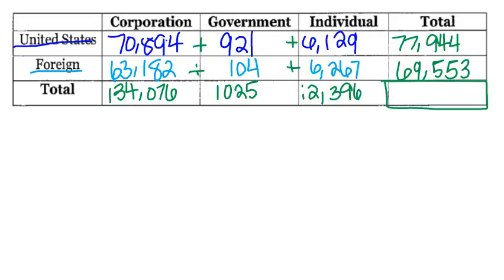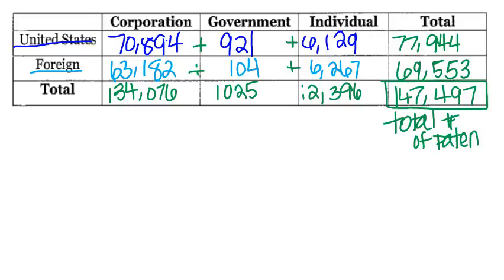It won't matter if I add the rows or the columns; either way, I'm going to get 147,497. That's all the U.S. patents plus all the foreign patents in every category you can think of.